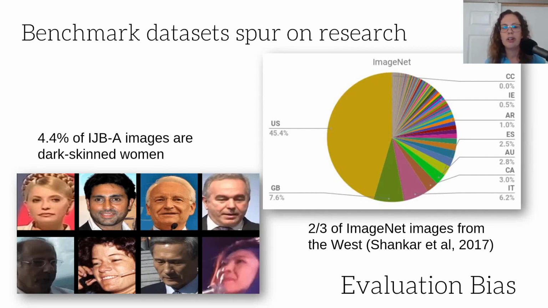This pie chart shows that 45% of the images in ImageNet are from the United States, 7% from Great Britain, 6% from Italy, 3% from Canada, 3% from Australia. And we're covering a lot of this pie without having gotten to outside the West.